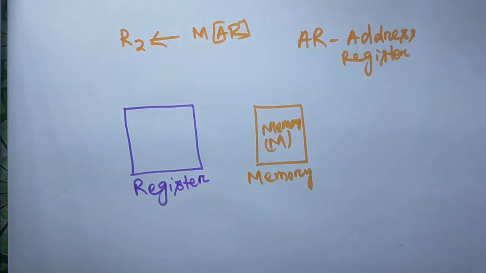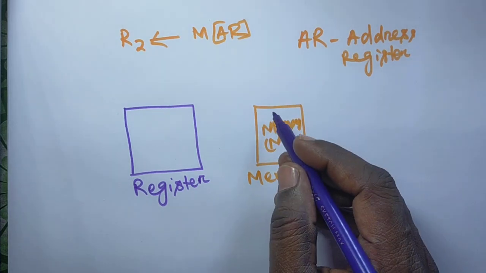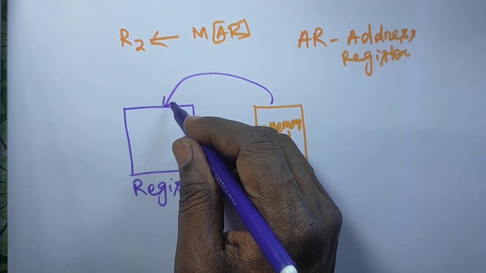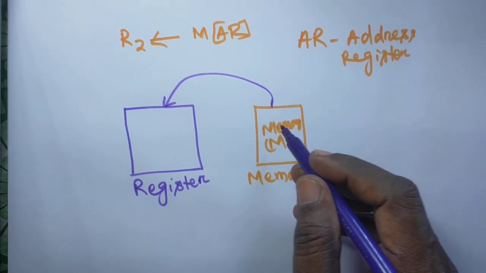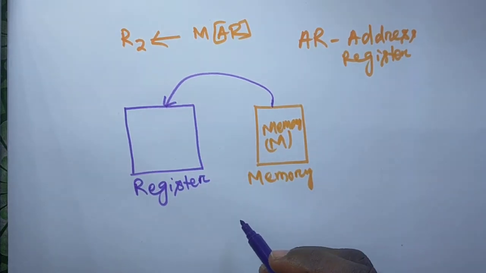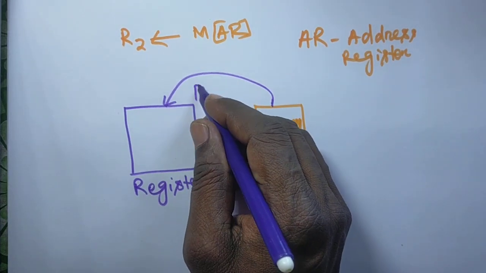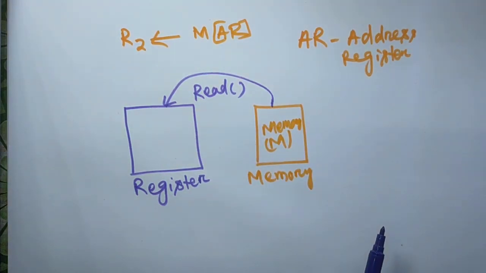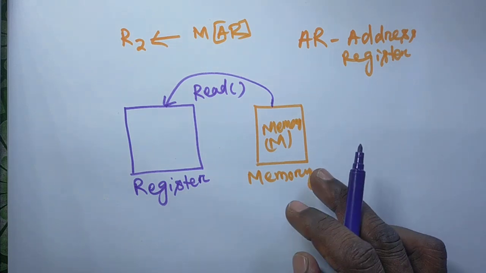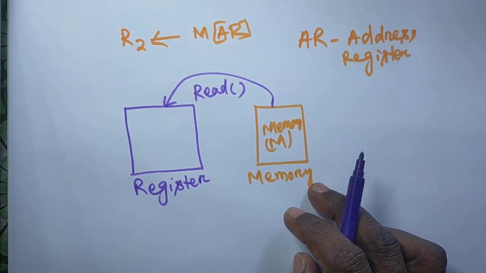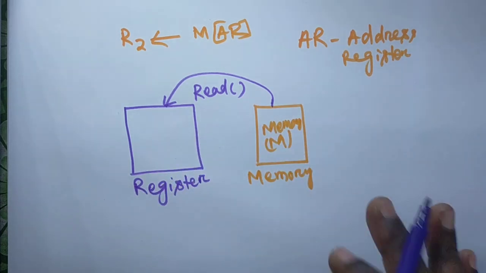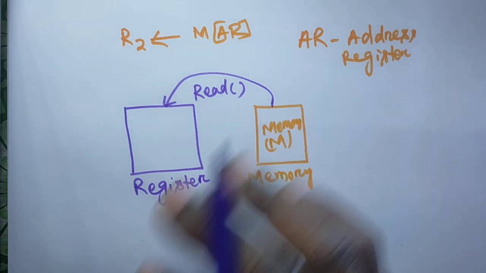Suppose the content of some data is transferred from memory to register. In this direction, data is transferred from memory to register. Then we can use the read operation. That means read the data from memory to the register, or collect data from memory to the register. There is no change of anything in memory. We can use the read operation.